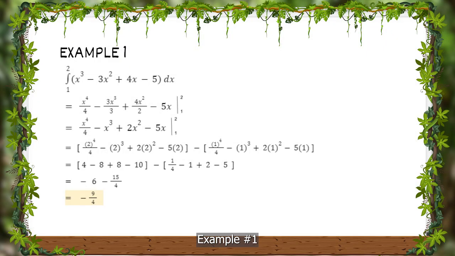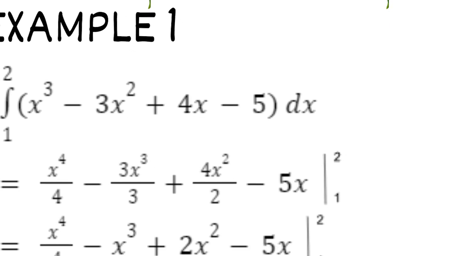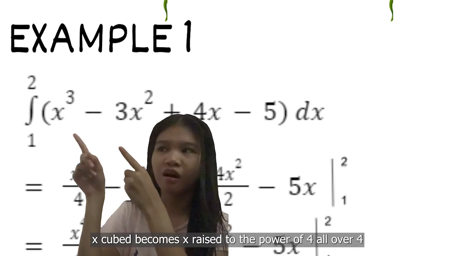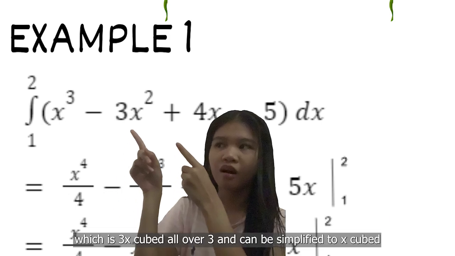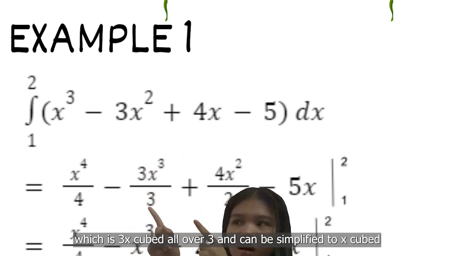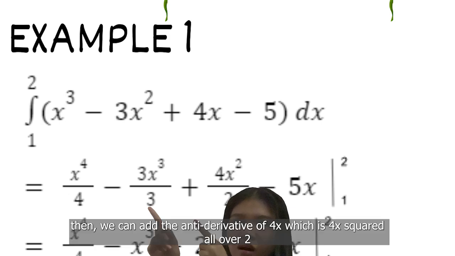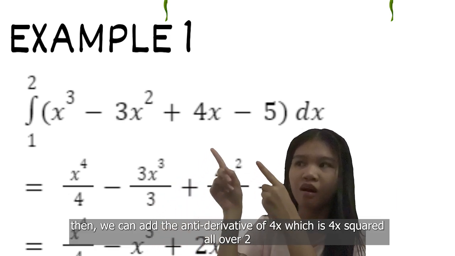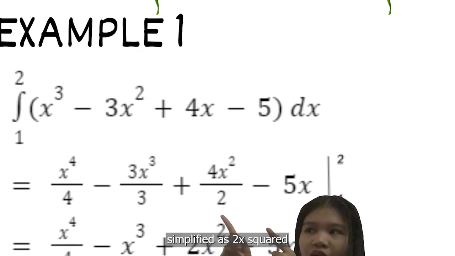Example number 1. To find the integral, we apply basic theorems. X cubed becomes x raised to the power of 4 all over 4, minus the antiderivative of 3x squared, which is 3x cubed all over 3, simplified to x cubed. Then, we add the antiderivative of 4x, which is 4x squared all over 2, simplified as 2x squared.